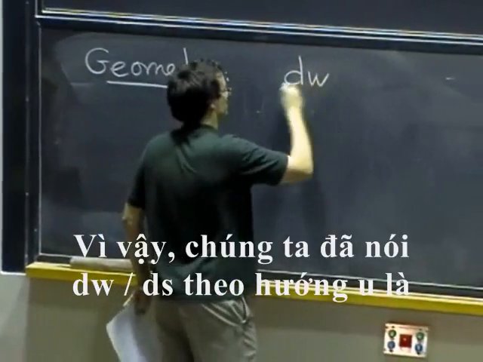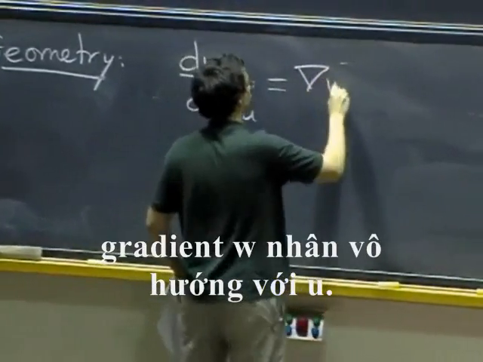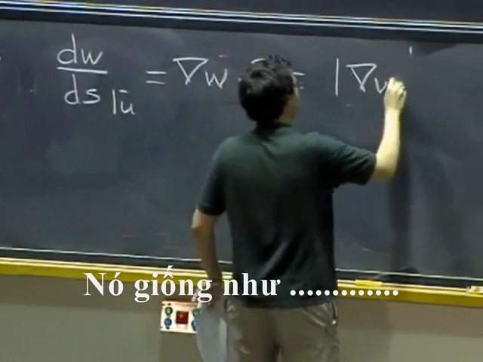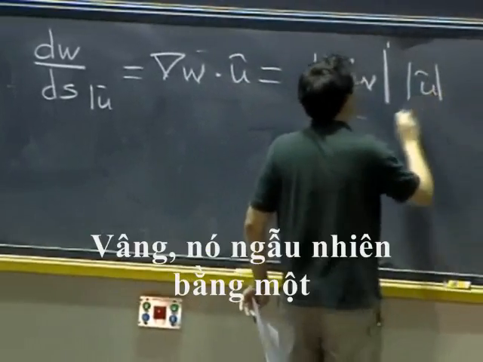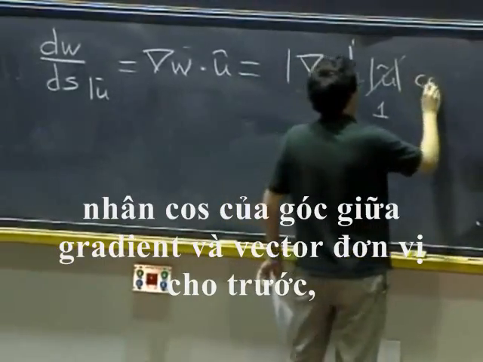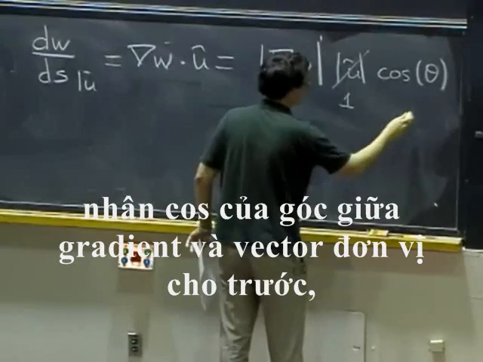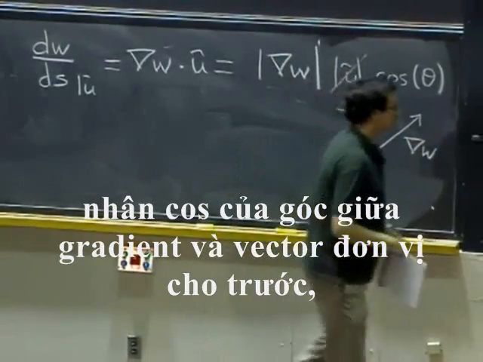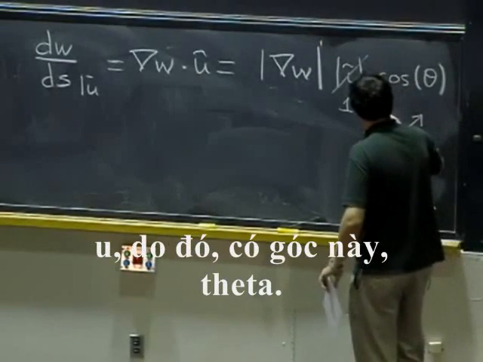So we said dw/ds in the direction of u is gradient w dot u. That's the same as the length of gradient w times the length of u, well, that happens to be 1 because we're taking a unit vector, times the cosine of the angle between the gradient and the given unit vector u.